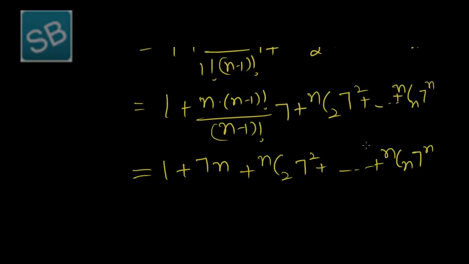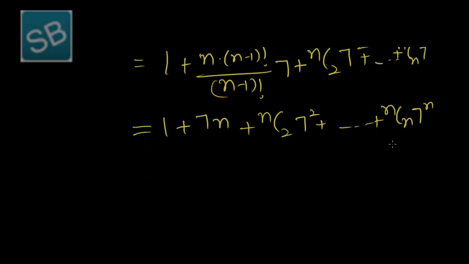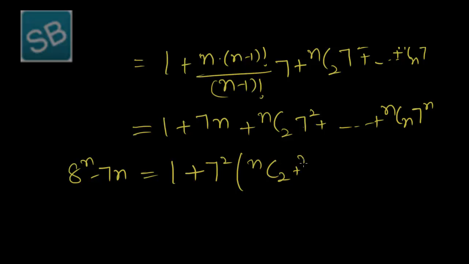So as we have 8 raised to power n, we will get minus 7n. We have to find the expression of this, and here we get 1 plus 7 square, 7 cubes. So all the time we will take 7 square as common, and we will remain here with nC2 plus nC3 into 7 plus so on, nCn 7 raised to power n minus 2.